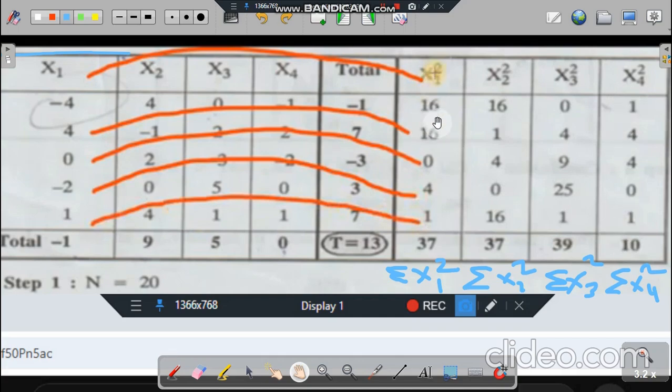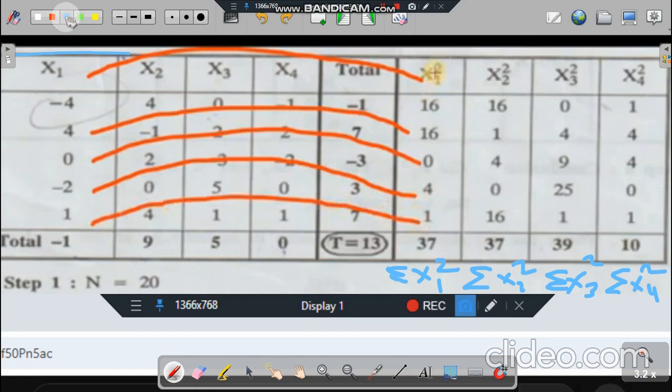Now what is this? Sum of x1 square. What is this? Sum of x2 square. What is this? Sum of x3 square. What is this? Sum of x4 square. Now we need this also. Step number 1 is given, n equals 20. What is this 20? Look at that.